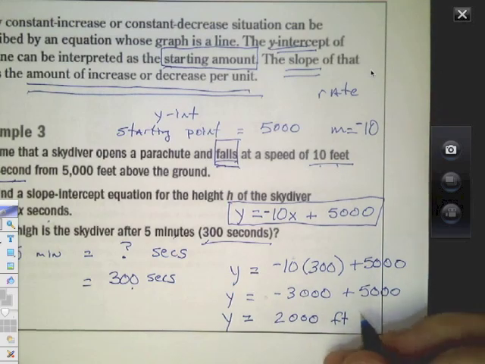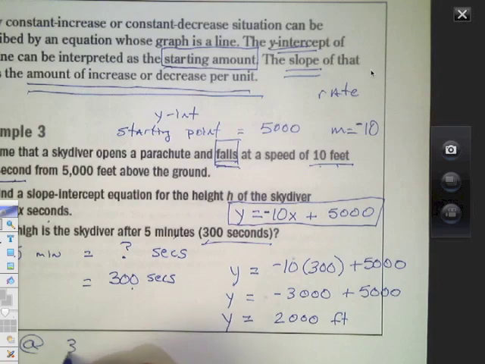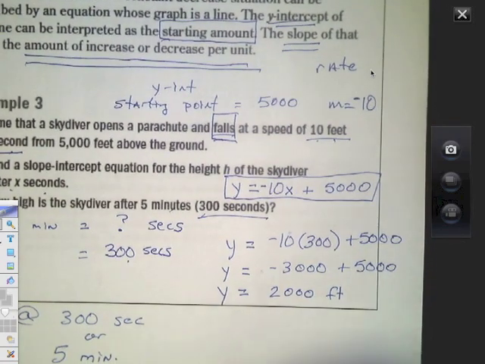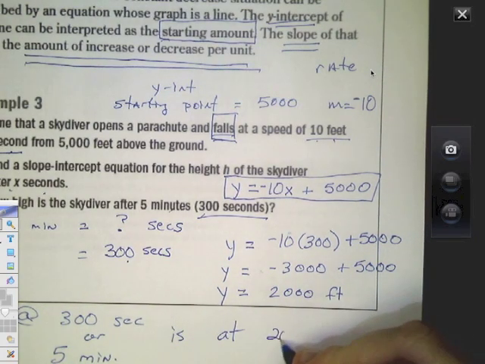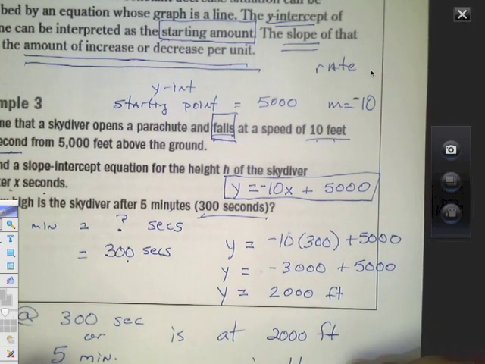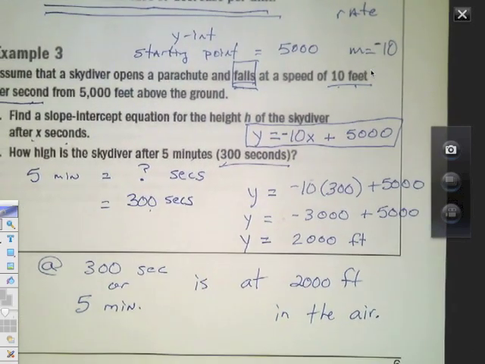Plus 5,000. Negative 3,000 plus 5,000 is 2,000 feet. So at 300 seconds, or 5 minutes, my skydiver is at 2,000 feet in the air.